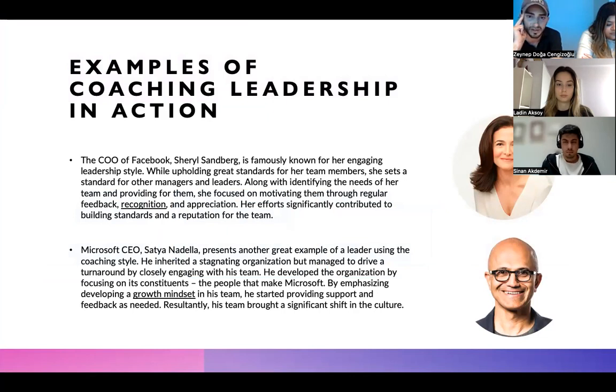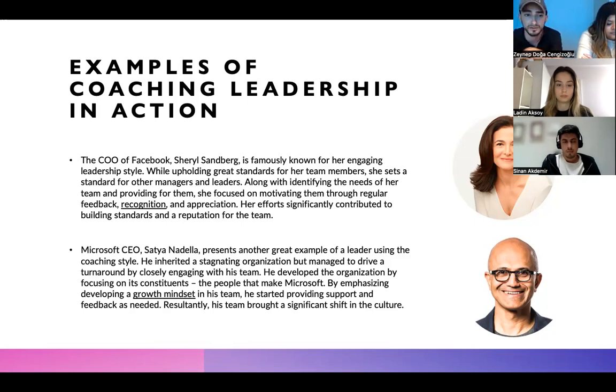Along with identifying the needs of her team and providing for them, she focused on motivating them through regular feedback, recognition, and appreciation. Her efforts significantly contributed to building standards and a reputation for the team. Sheryl Sandberg's approach towards the matter is highly matching with coaching style leadership.